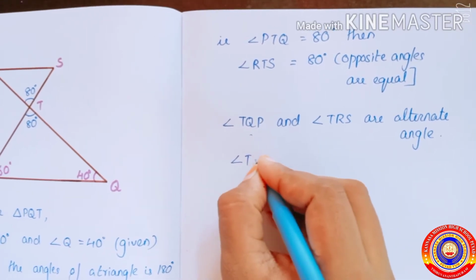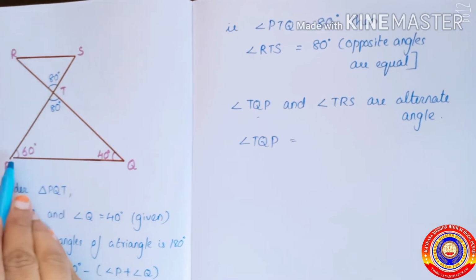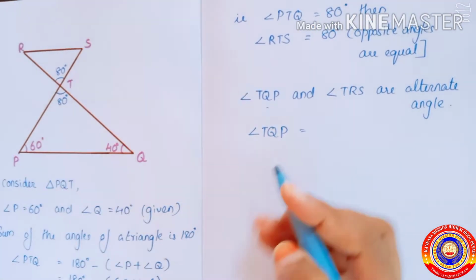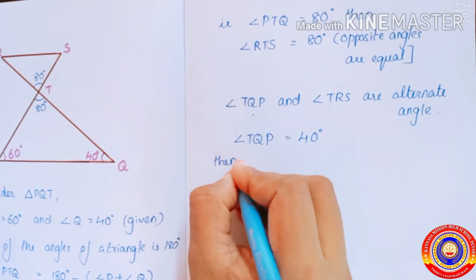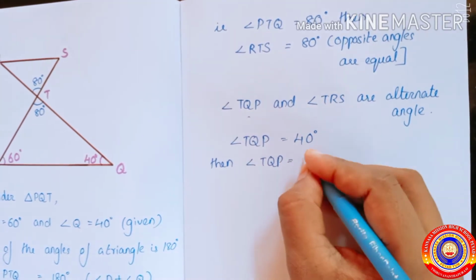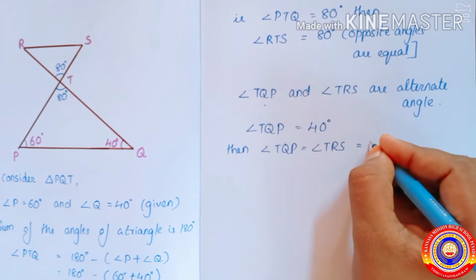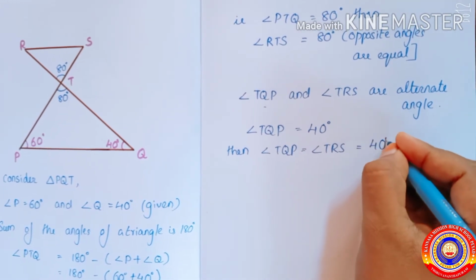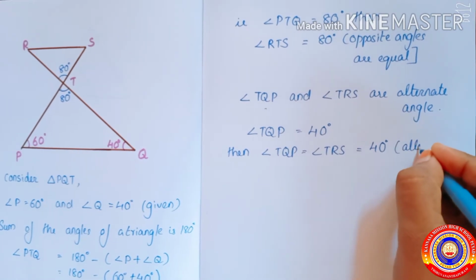Here angle TQP is equal to 40 degrees, which is given in the question. Then the alternate angle, angle TQP is equal to angle TRS, which is equal to 40 degrees because the pairs of alternate angles are equal.